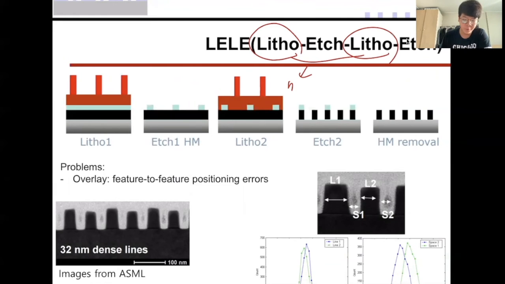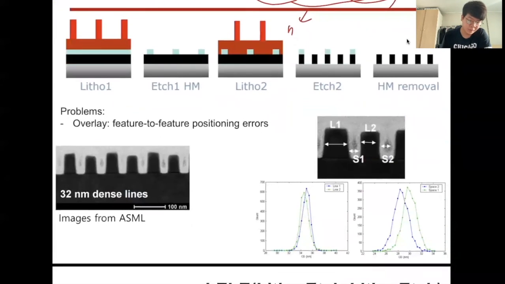The overlay problem is that the lines are not evenly spaced, but alternate long and short, long and short. The distance between the fins or the lines makes issues in capacitance.